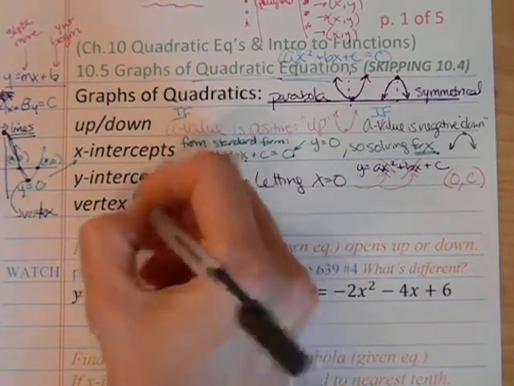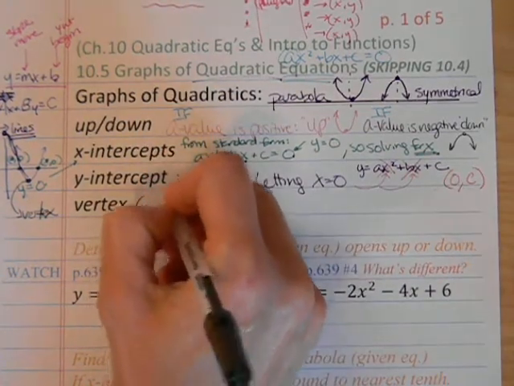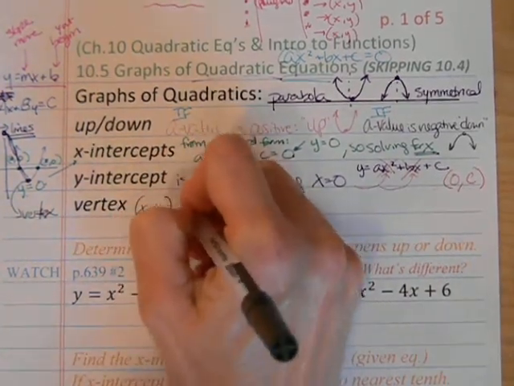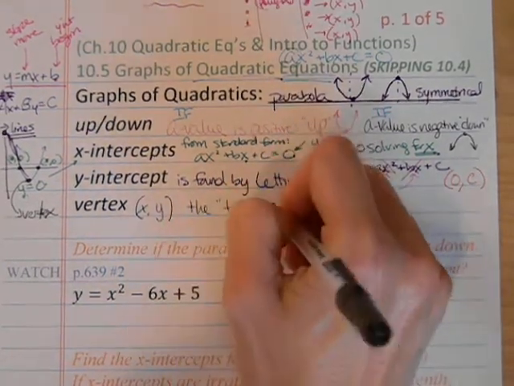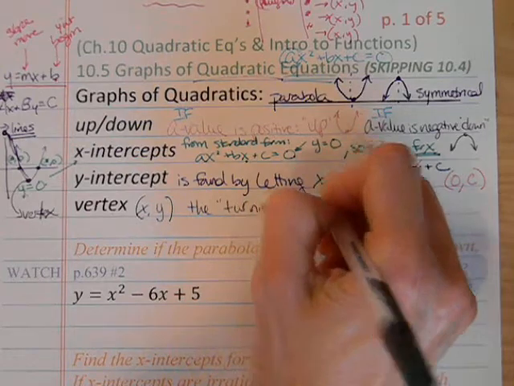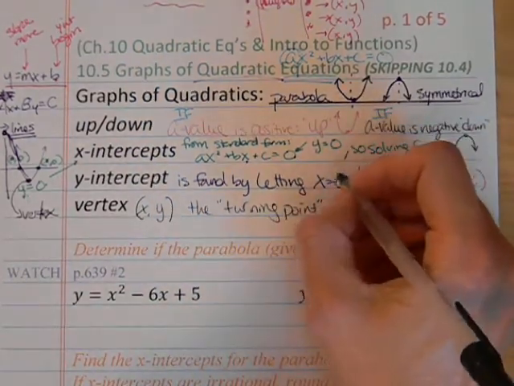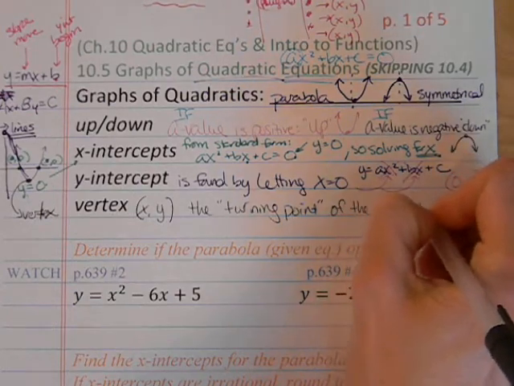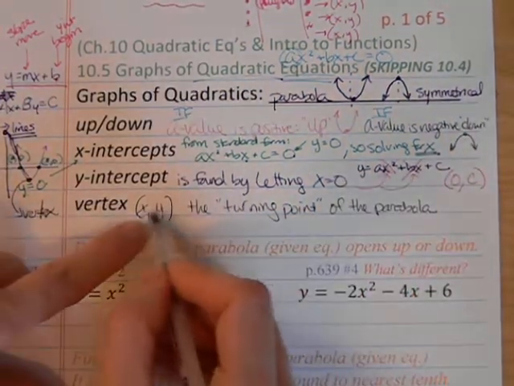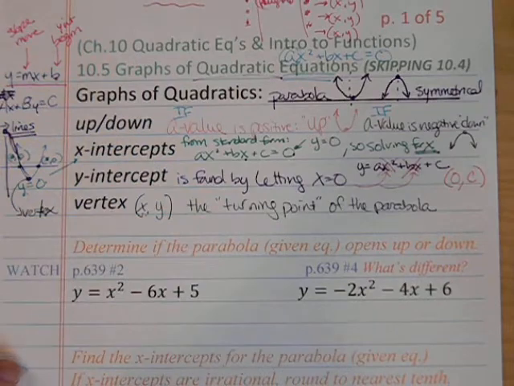So the vertex, and now we're looking for a particular point x, y, and this is the turning point of the graph, or the turning point of the parabola. Okay, and so there's two coordinates here, your x-coordinate and your y-coordinate.